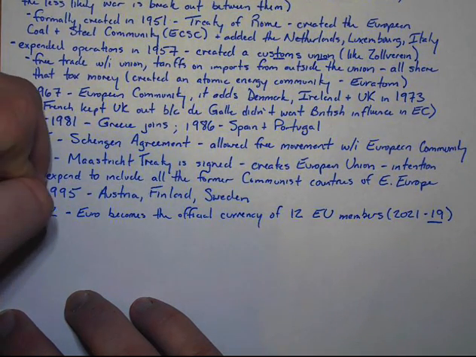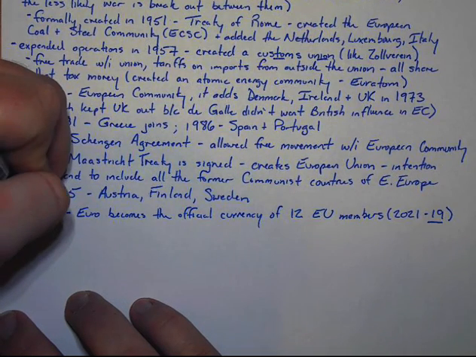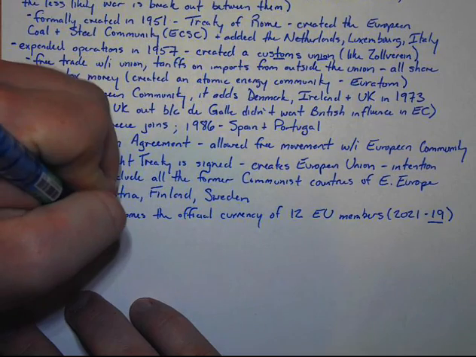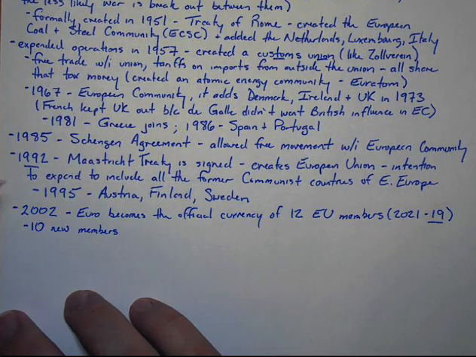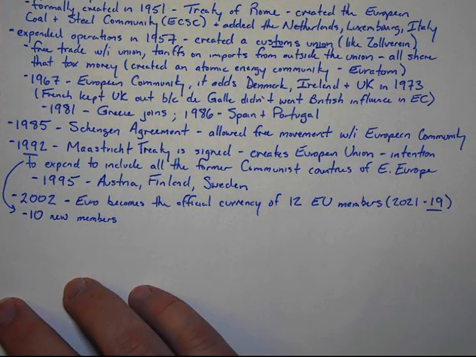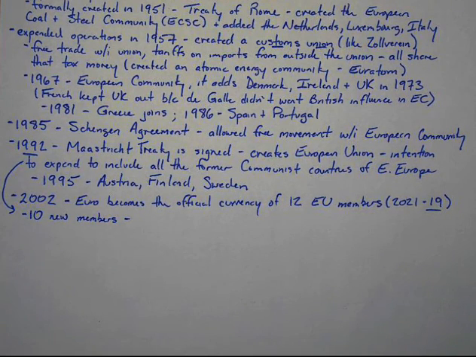Also in 2002, we get 10 new members. And this is the realization of that intent to include a lot of these former communist countries. So a lot of these 10 new members used to be in the Warsaw Pact or even part of the Soviet Union.